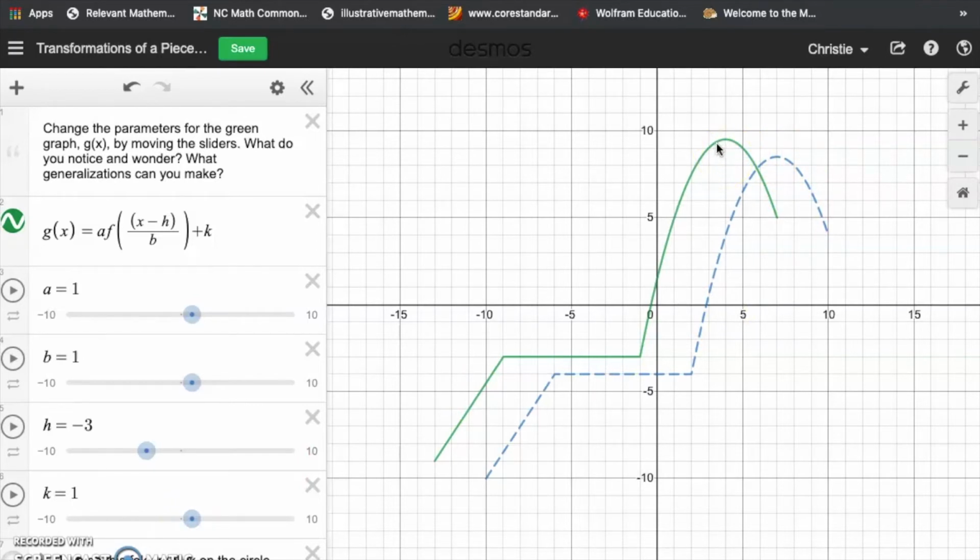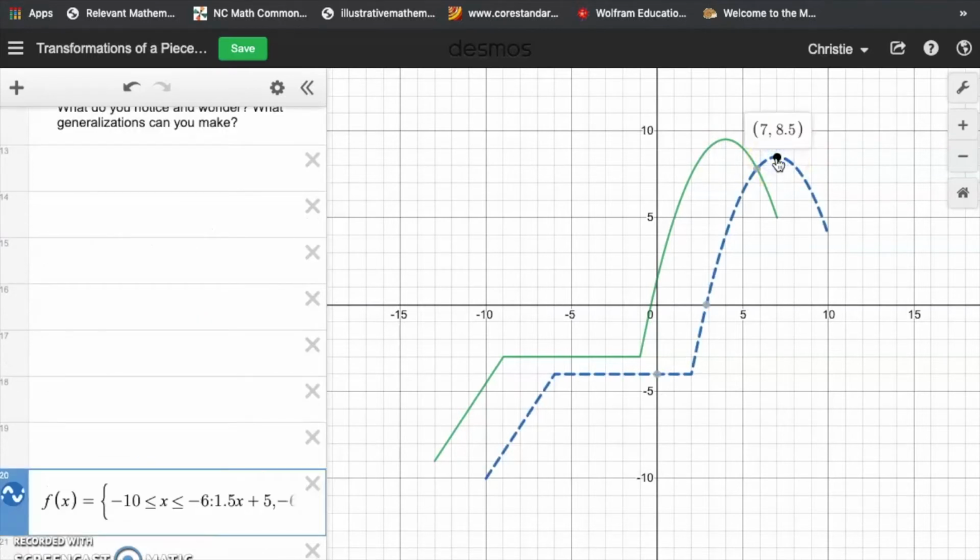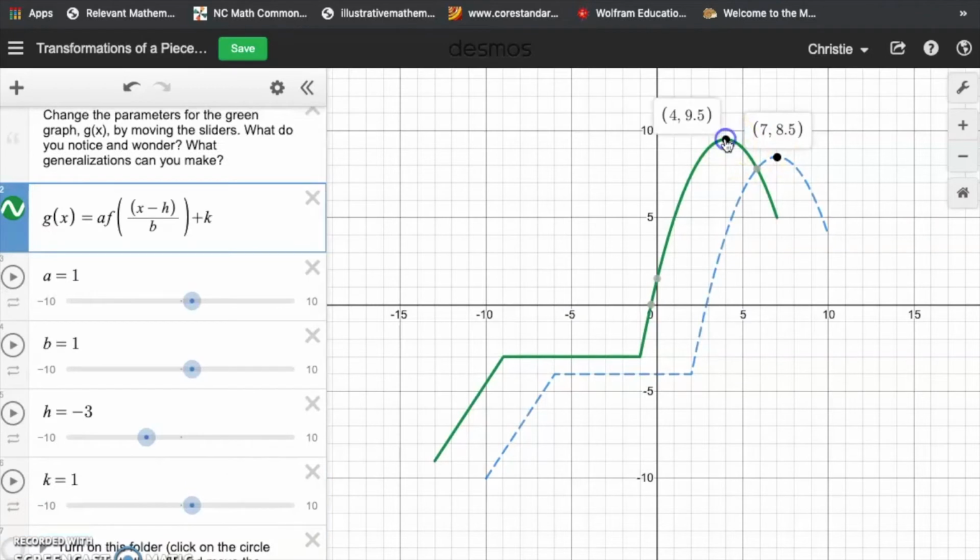Let's look at one point in particular, the maximum point on both the original function and the transformed function. This point (7, 8.5) has now become (4, 9.5).